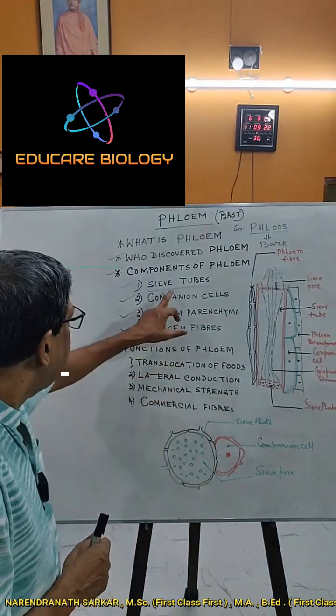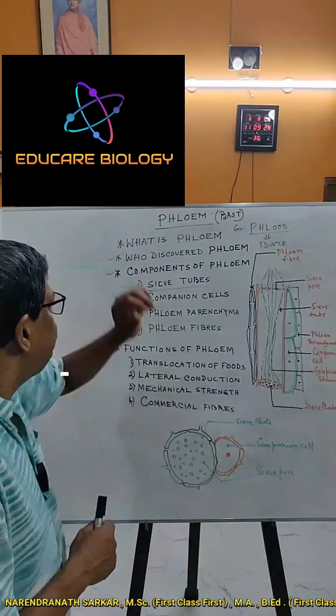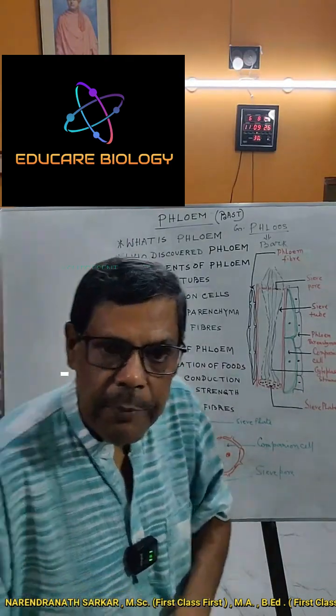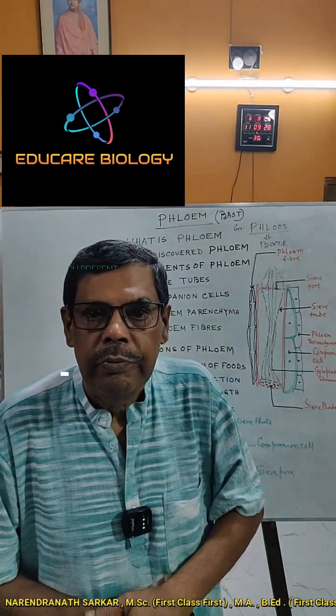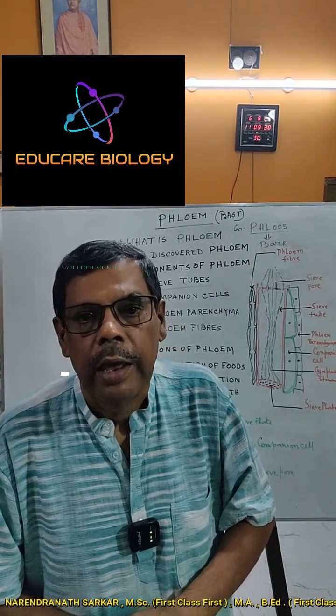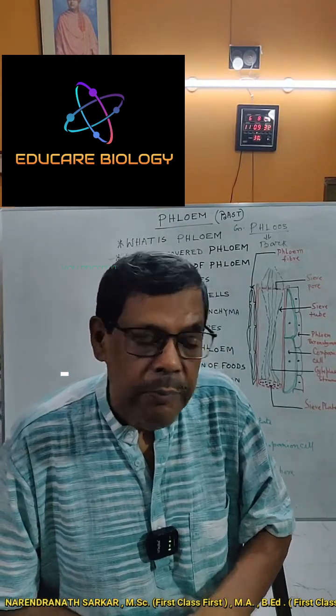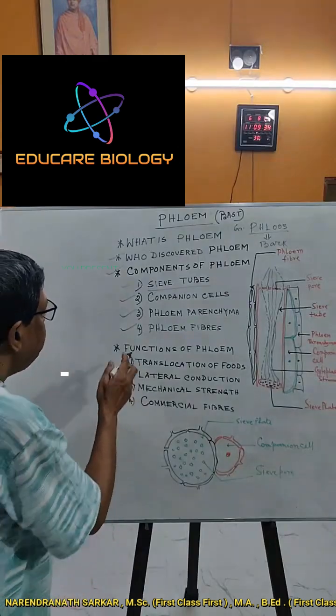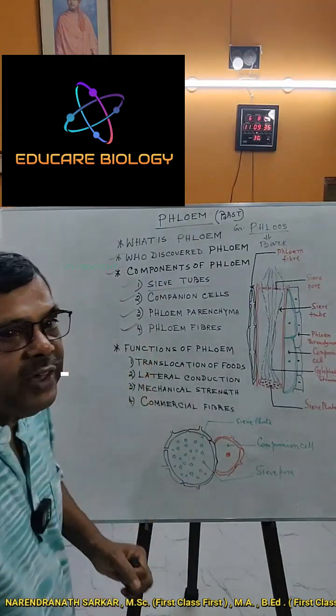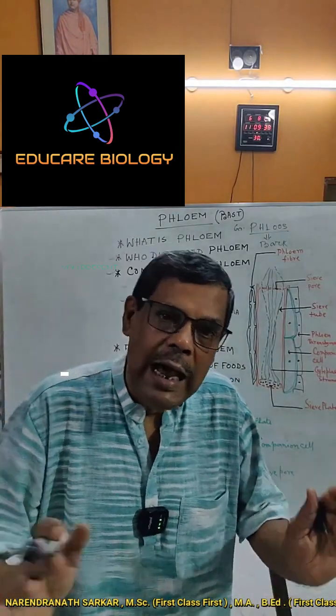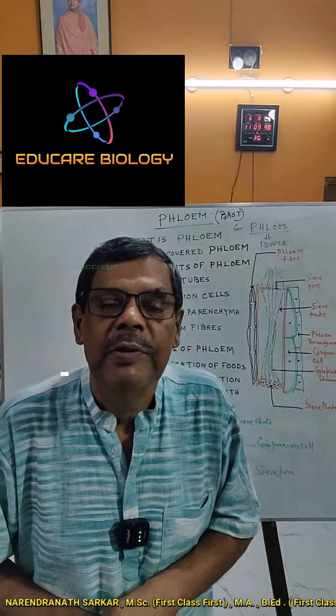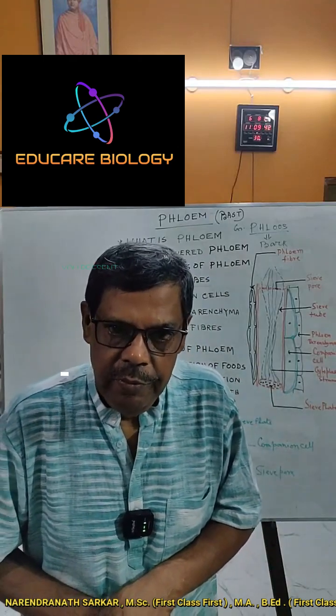Of the four types of components of phloem, only phloem fibers are dead, all others are living cells.